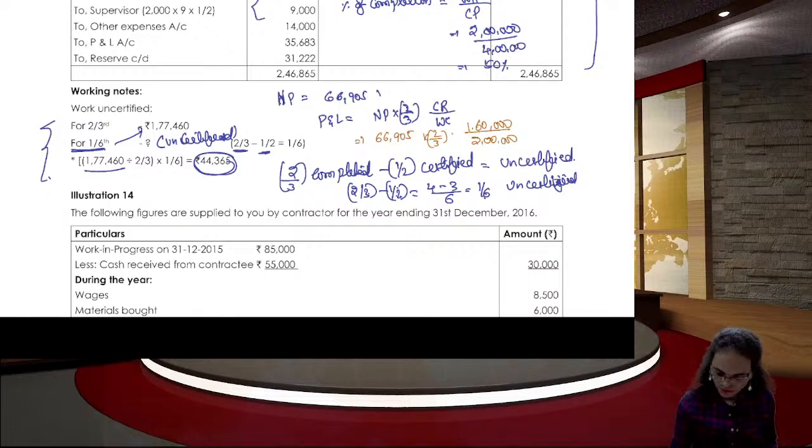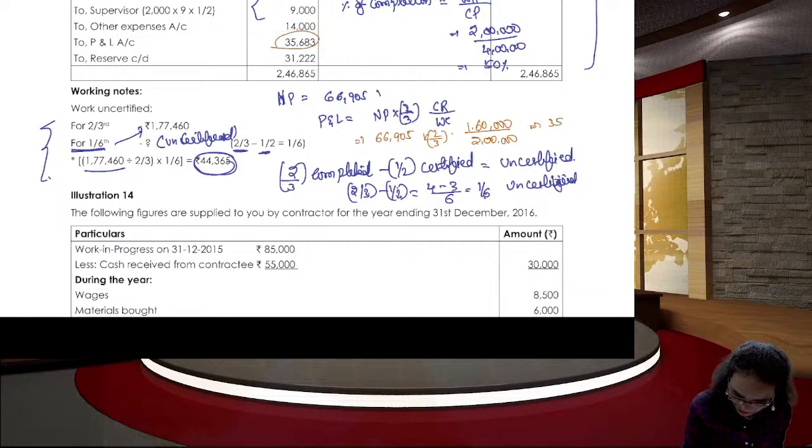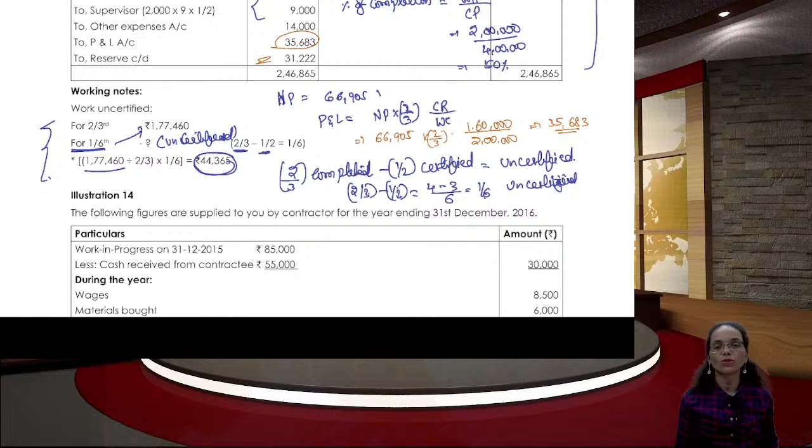So ₹35,683 is the amount to be transferred to the P&L. The remaining amount is to be transferred to the reserves.